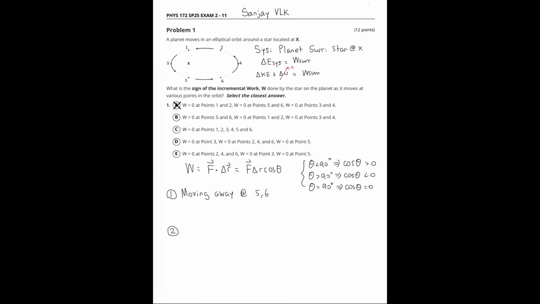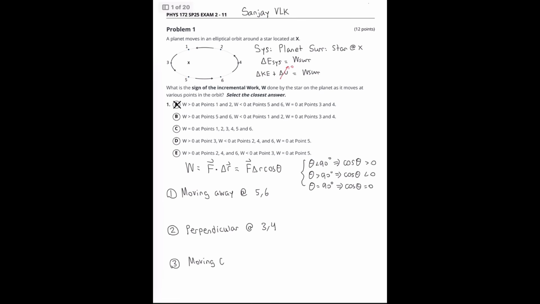Second case is when it's perpendicular. And that will be at point 3 and 4. And our third case is moving closer. And that will be at points 1 and 2.